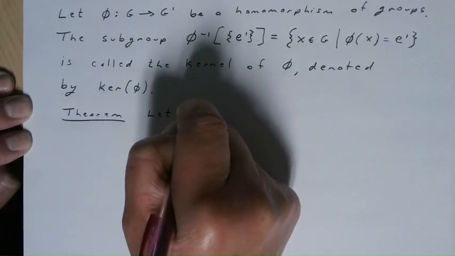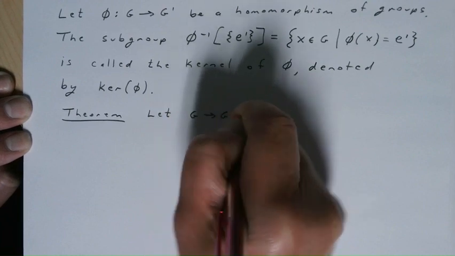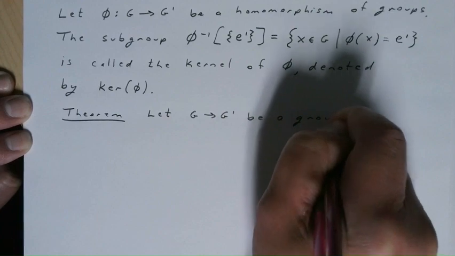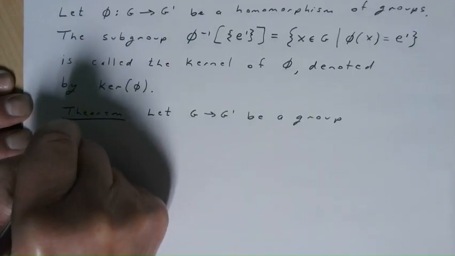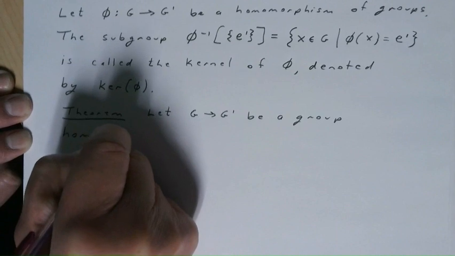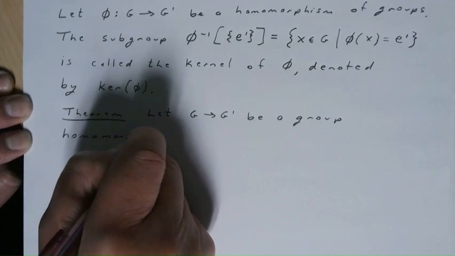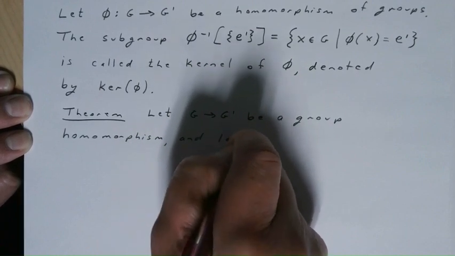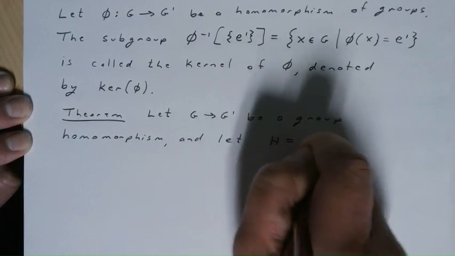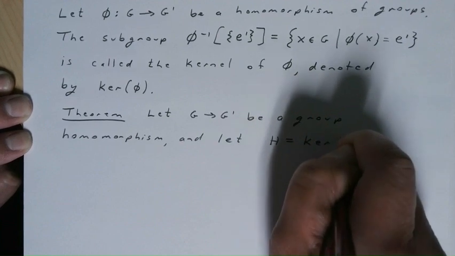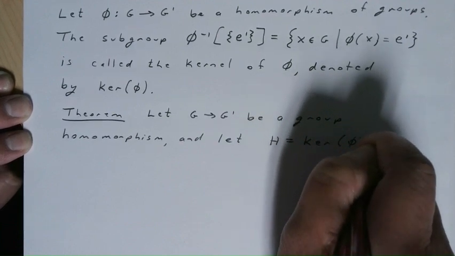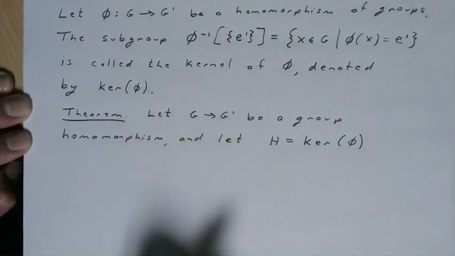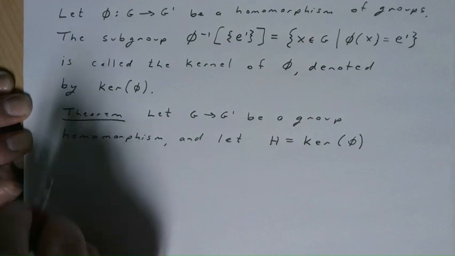Let phi from G to G prime be a group homomorphism. And let H equal the kernel of phi. So this is that set kernel which we defined up above here.